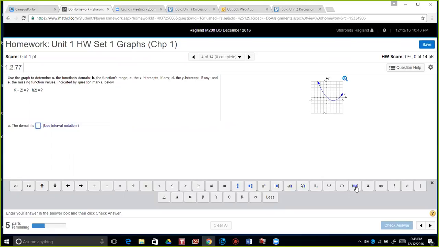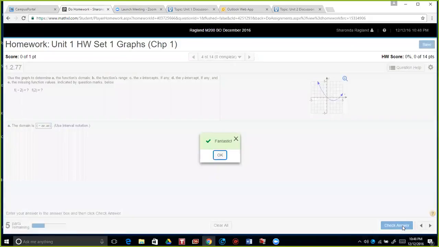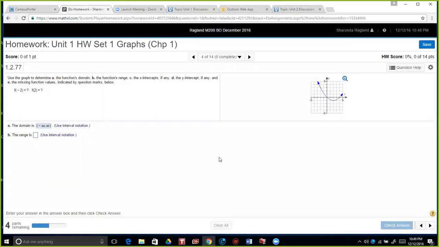We can use this right here and put in negative infinity, and then here put in positive infinity, because that's how it goes. Let's check it to see if it will accept it. Yes, very good.